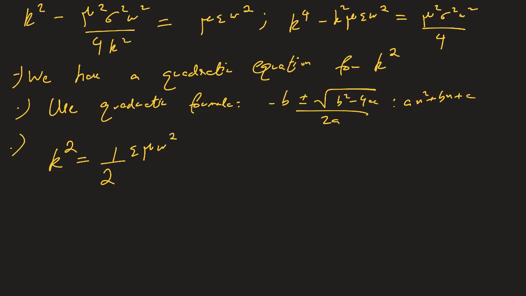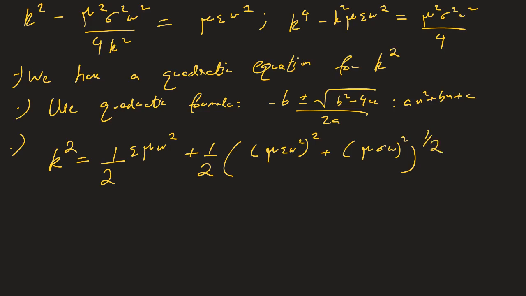I'm sorry if I call epsilon E many times in this lecture. You know I mean epsilon, which is the total permittivity, plus 1/2 times the square root of mu epsilon omega squared whole squared plus mu sigma omega whole squared.